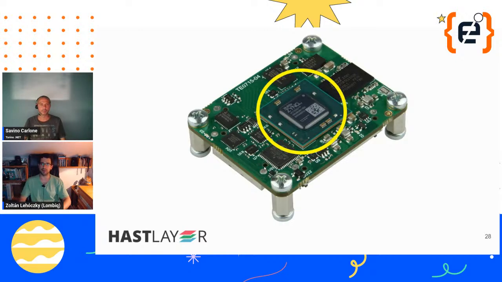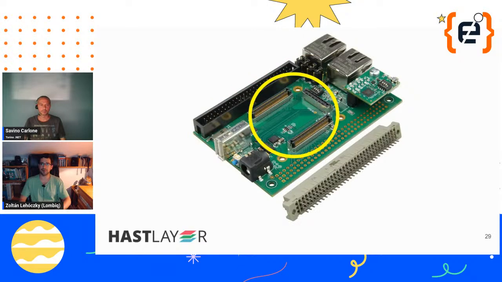That's the little thing in the middle. And this whole little board goes into a larger board that I've also shown you, which is a motherboard for development. So this is not something that would be on board of a satellite, but this is what we use for development because it contains Ethernet ports, ports for a power supply, USB ports, you name it, things that we need for development.